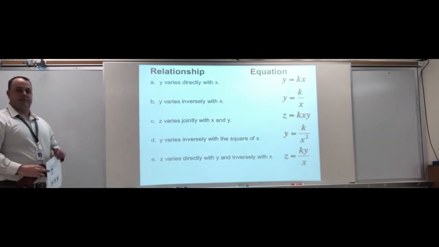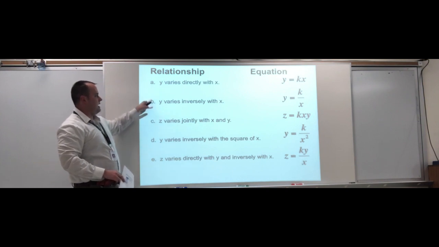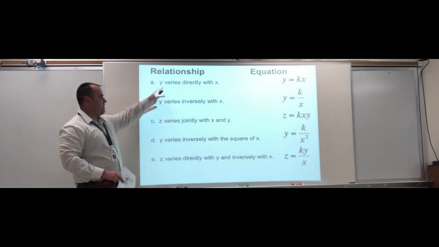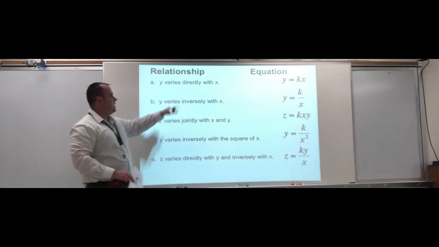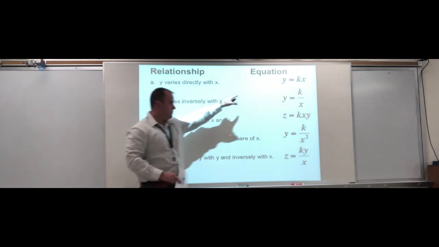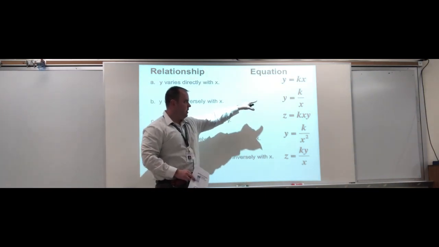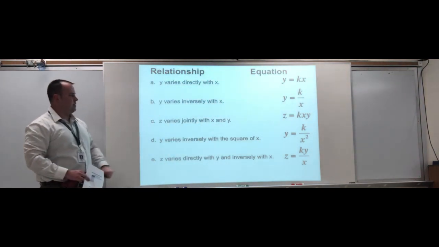And the last thing we're going to look at is different types of relationships that we could have. For A and B here, we have our two basics. Y varies directly with X, Y varies inversely with X. The variable that's by itself on the left-hand side, what it is equal to, is going to come first. Y equals K times X, Y equals K divided by X. That's going to be the same for these other three examples.